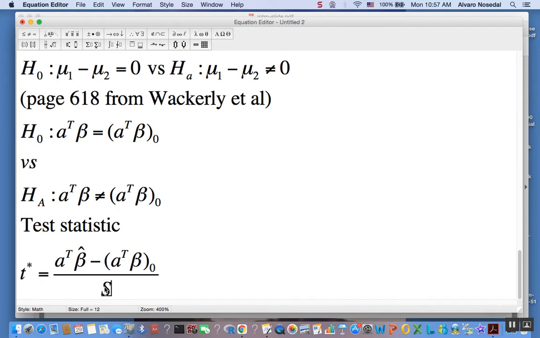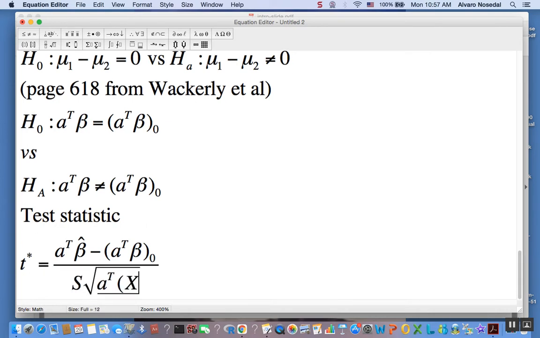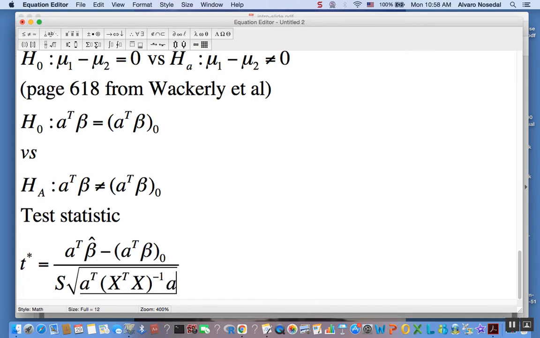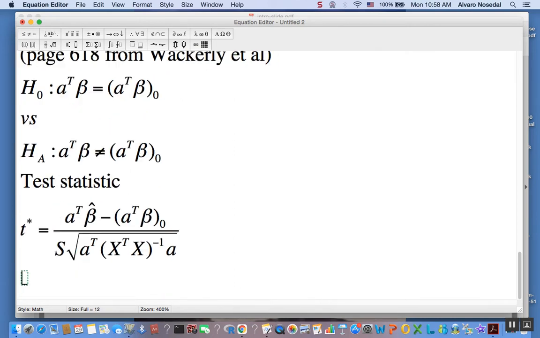In this case the standard error is S, an estimate of sigma, times the square root of A transpose times X transpose X inverse times A. That's going to be your test statistic.